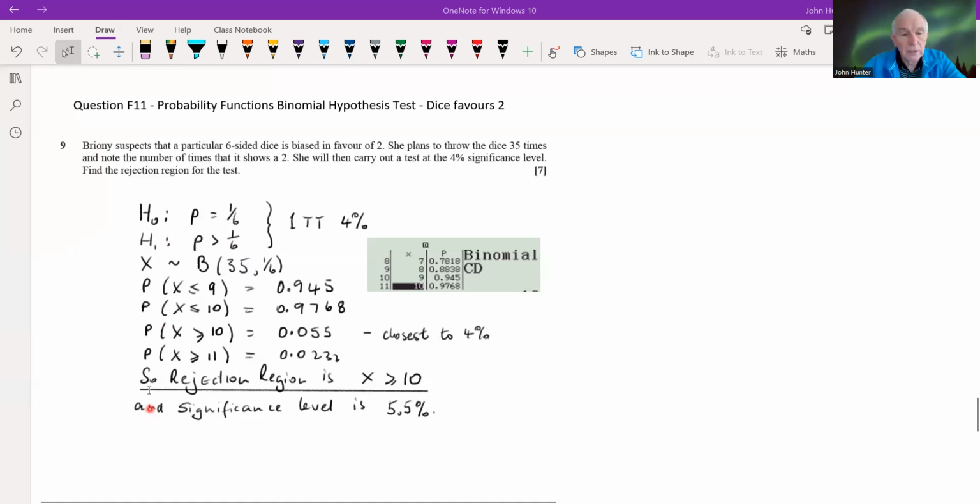So that's what we've got. The rejection region is where the random variable is greater than or equal to 10, and the significance level is 5.5%.